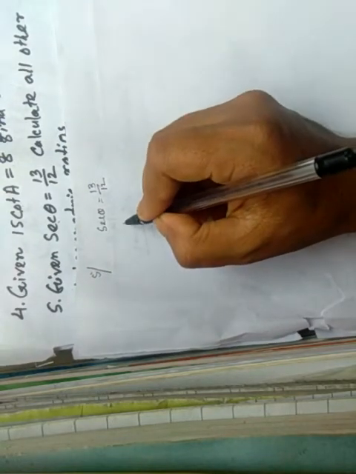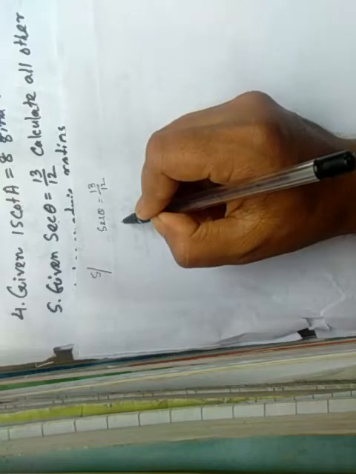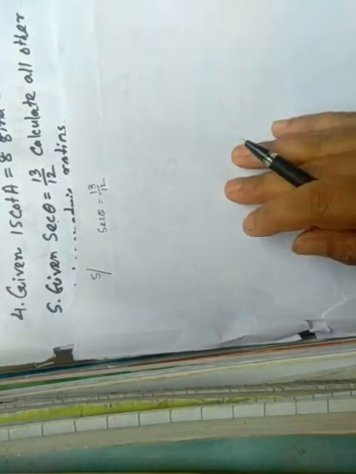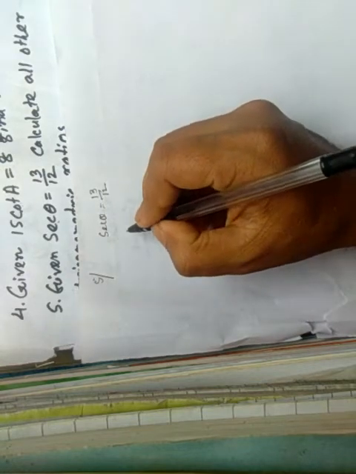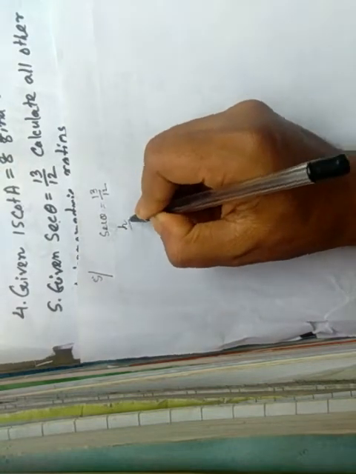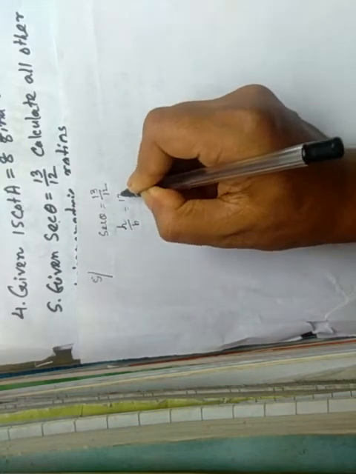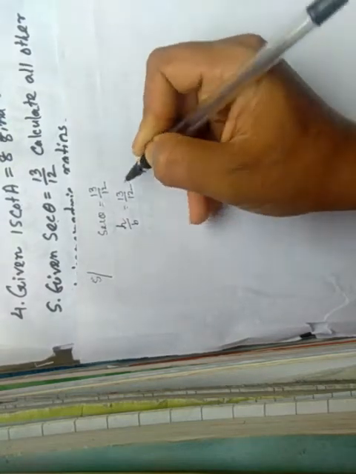Sec is the ratio of hypotenuse and base. Sec is the reciprocal of cos. Cos equals b by h, so sec becomes h by b equals 13 by 12.